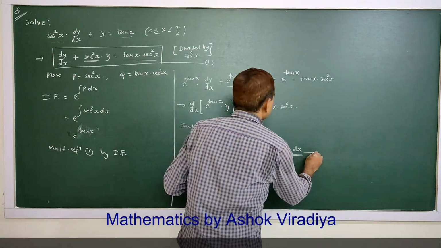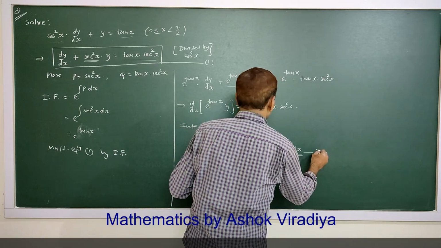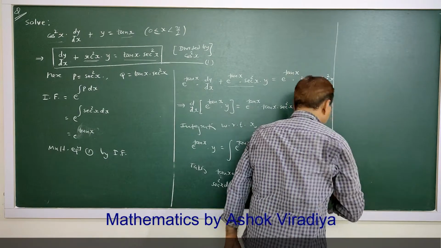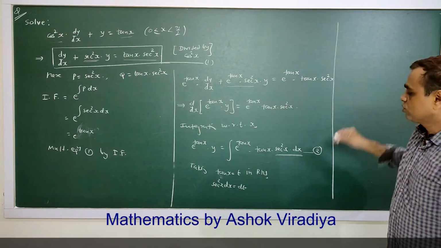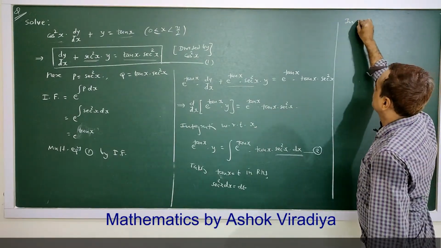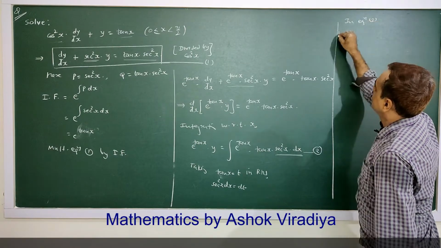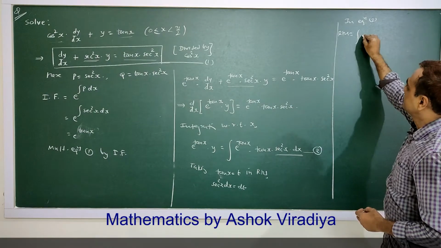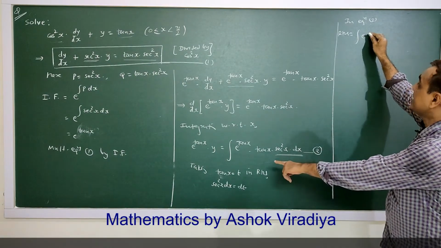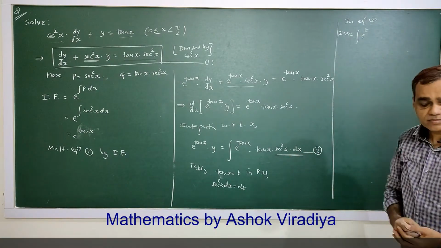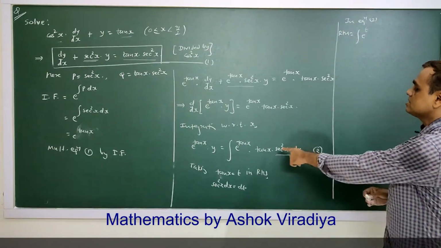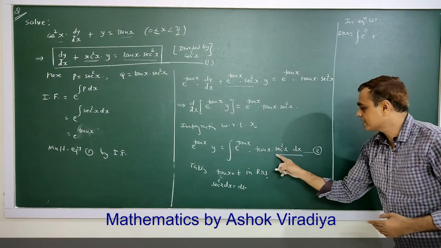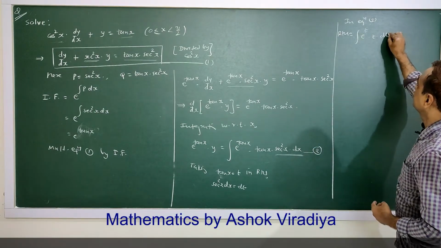So in equation 2, the RHS is, here e raised to tan x is e raised to t, and sec square x dx is dt.